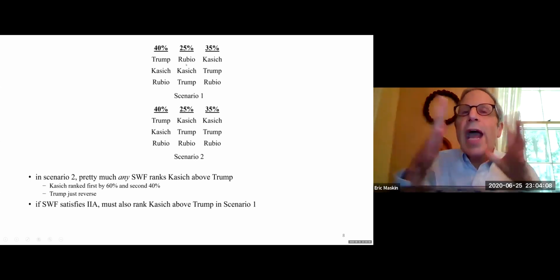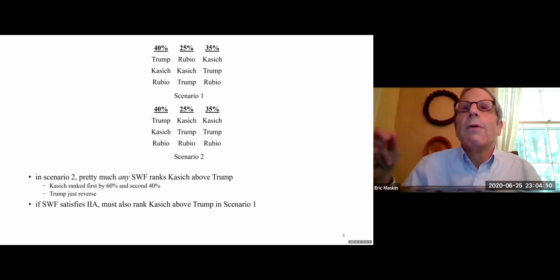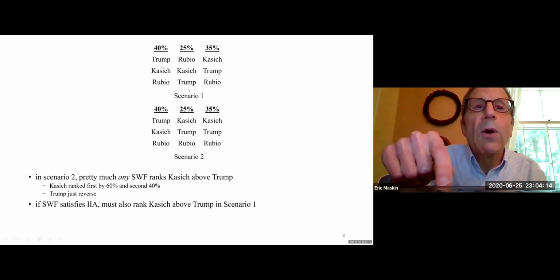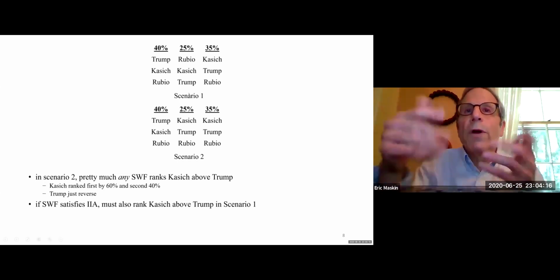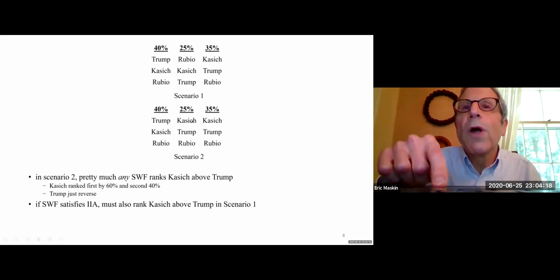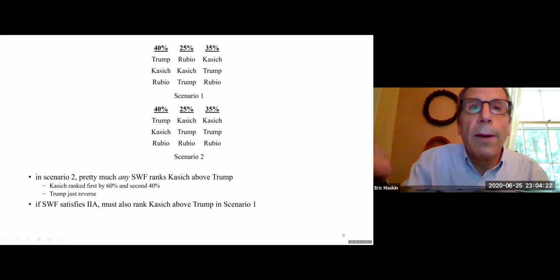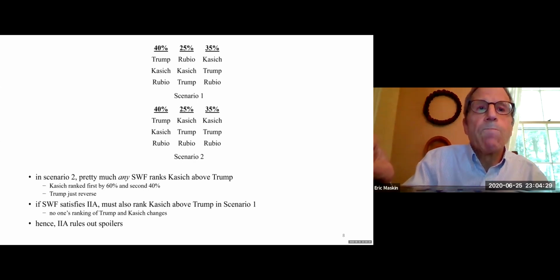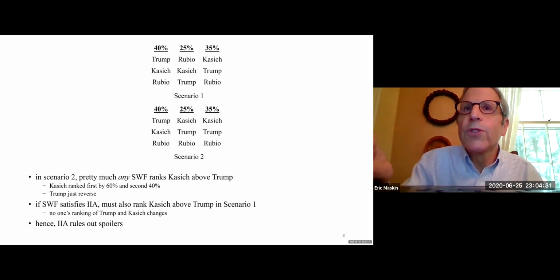We haven't changed anybody's preference between Kasich and Trump in going from scenario 2 to scenario 1. And therefore, if Kasich was ranked above Trump here, Kasich must be ranked above Trump in scenario 1. That is a prime justification for IIA. IIA rules out spoilers like Rubio.